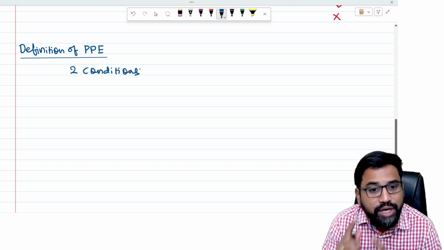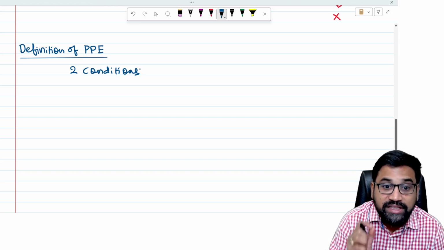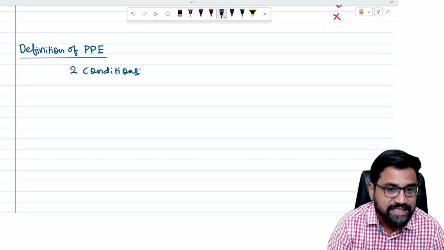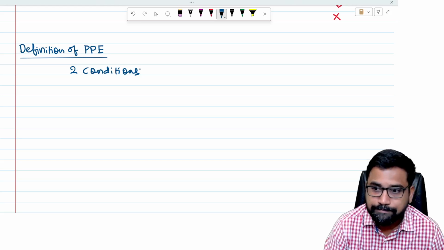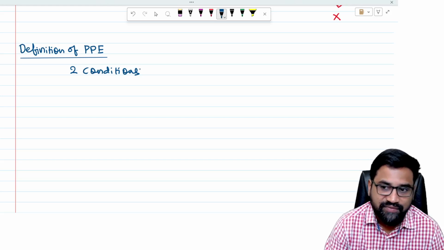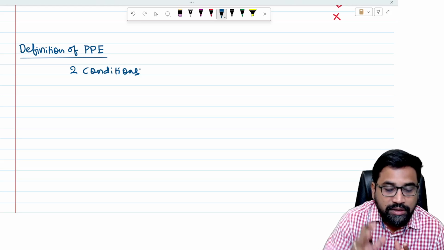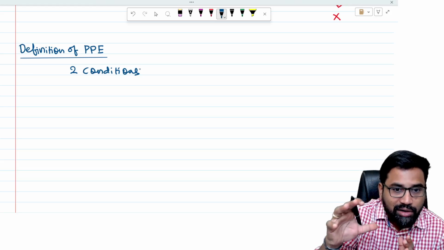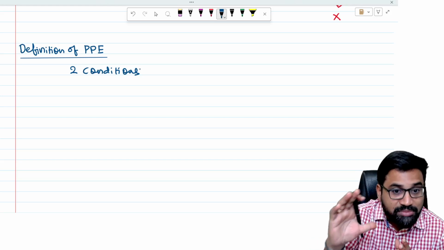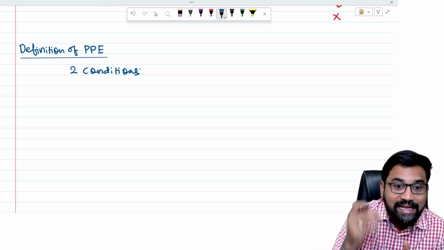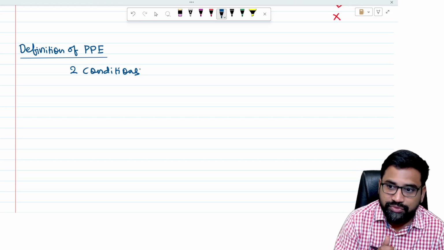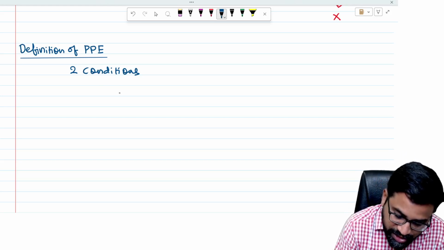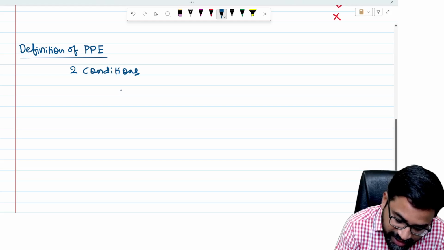If these two conditions are satisfied, then such a tangible asset is called PPE. What are the two conditions? First, PPE are tangible assets which are held for use. So condition number one: held for use.